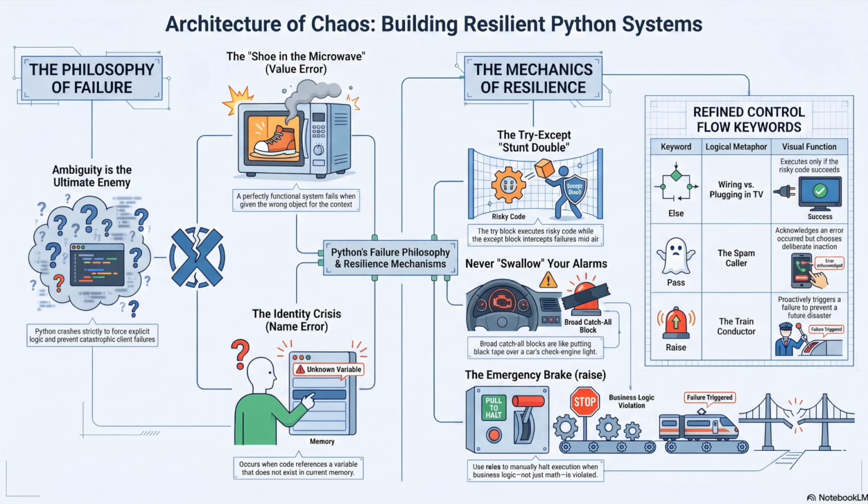These errors are strictly designed diagnostic tools, not punishments. By throwing a hard error and crashing, Python is forcing the human to be explicit. I want you to take the wheel. Yeah, it's effectively saying, I am not going to guess, because guessing leads to catastrophic silent failures. It forces the developer to take absolute responsibility for the logic. So it is always better to fail loudly than to proceed incorrectly in silence.